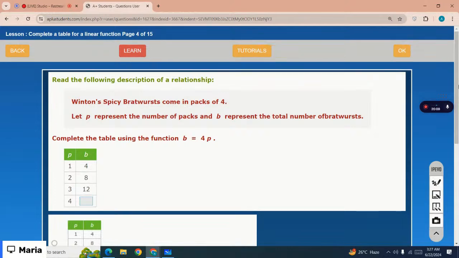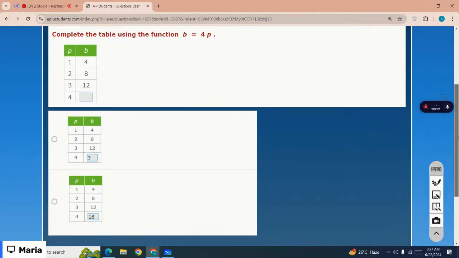Okay, complete the table using b equals 4p. So which is the correct option? Option 1 or option 2?